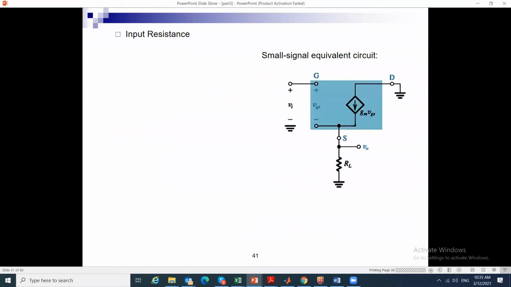So from this, the input resistance is infinite. The voltage gain is really Vo over Vin, but Vo is equal to gm VGS times RL, and Vin is equal to VGS plus gm VGS times RL.